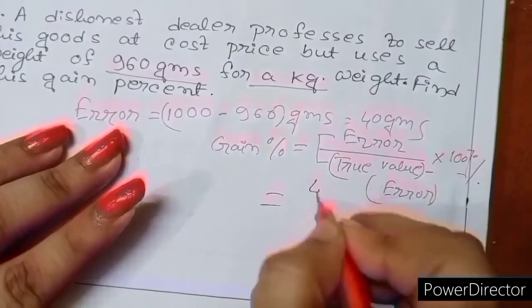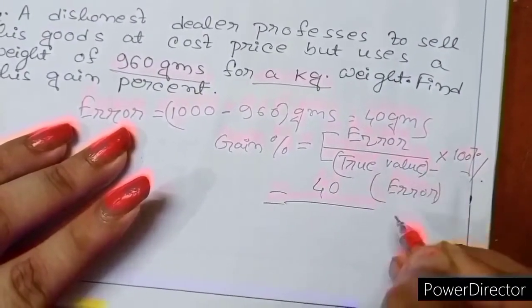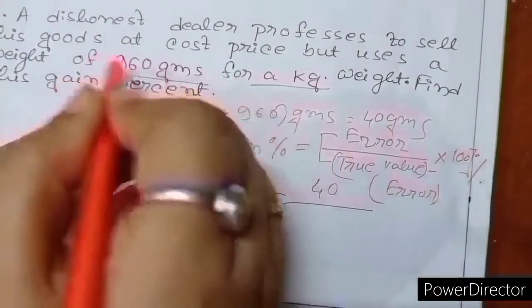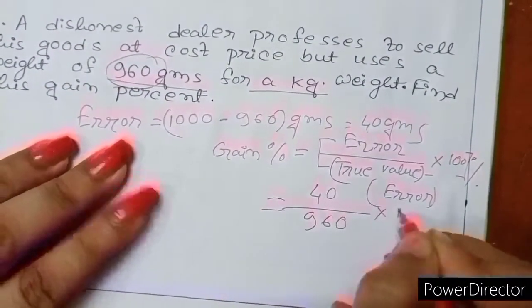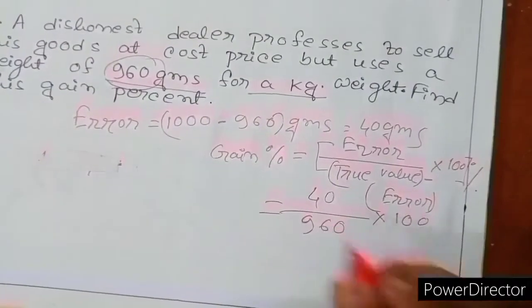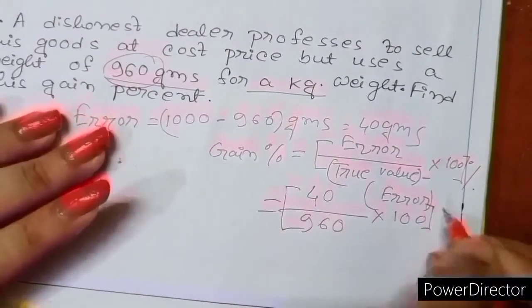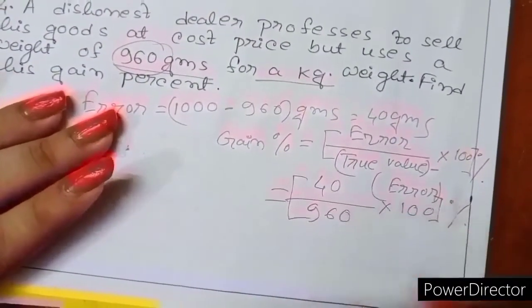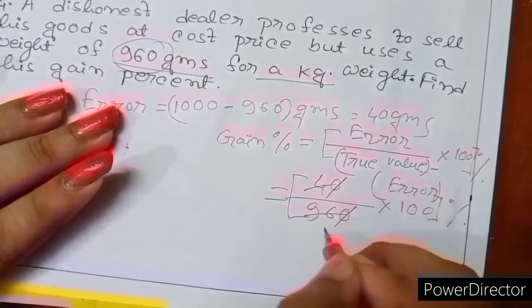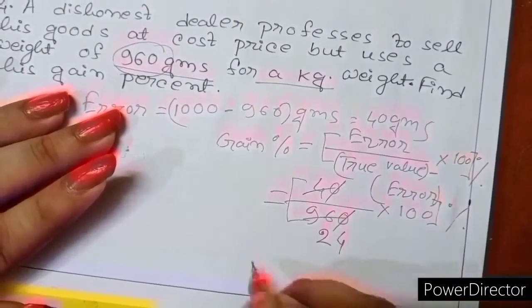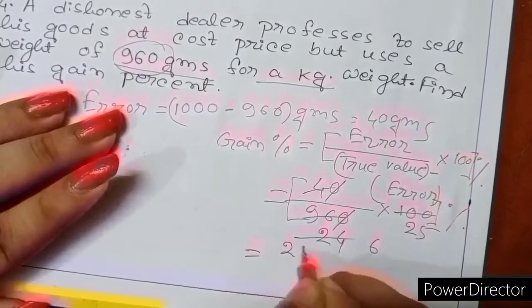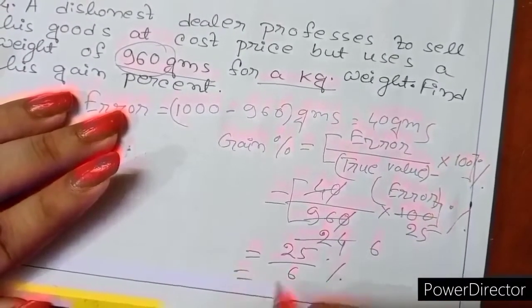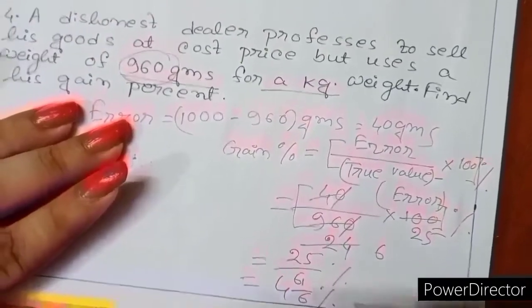So here error is 40 grams, so 40 by true value minus error, it means false weight, 960 grams. So 40 by 960 into 100%. So it means 25 by 6%, which is 4 1 by 6%.